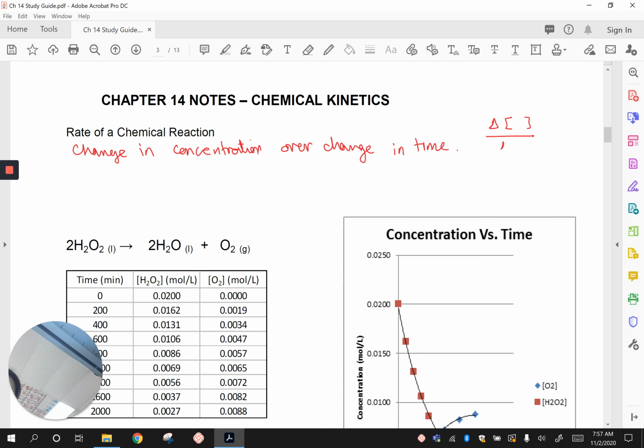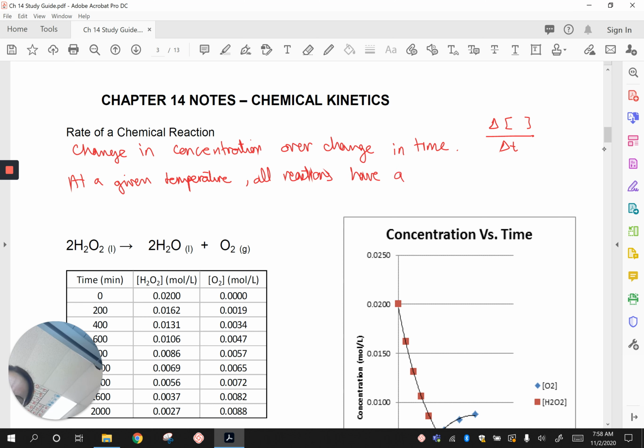So at a given temperature, all reactions should have a definite rate. And we say that because the temperature will actually change the rate of our reaction. But at a given temperature, each reaction should have a set rate.